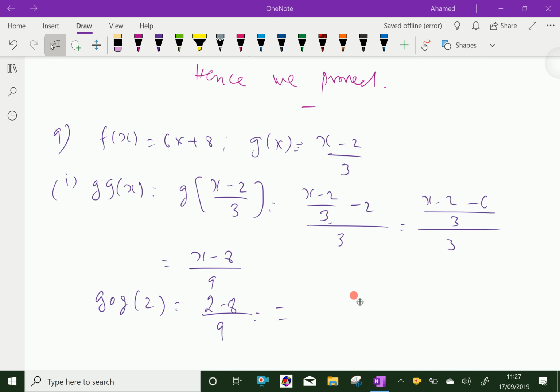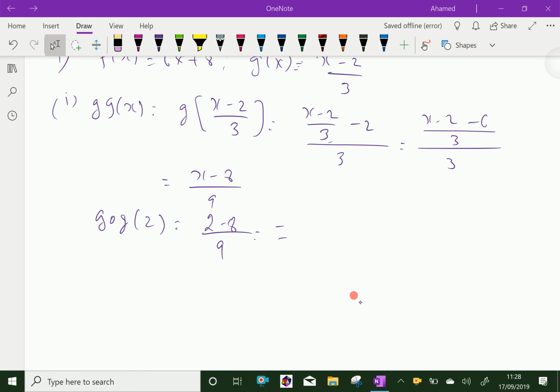Now we'll check it here. G of g of x is x minus 8 over 9. Then g of g of half, not 2, this half you have to find. You have to find for x is half.